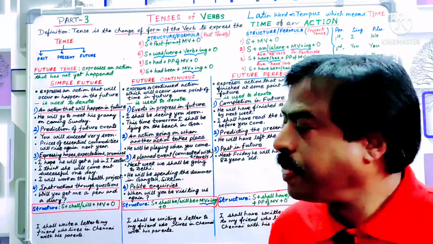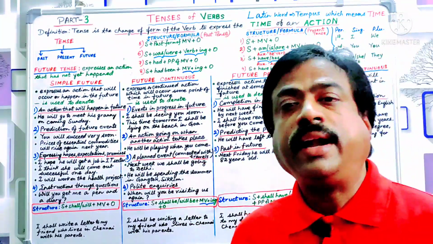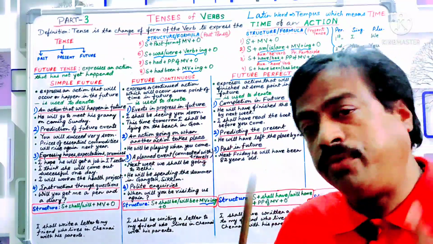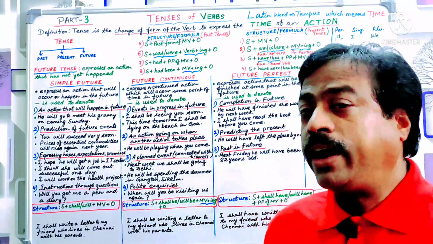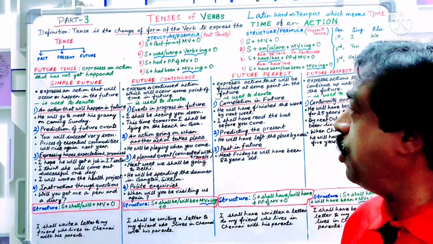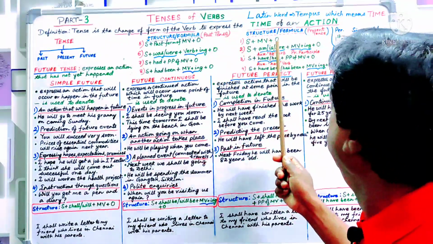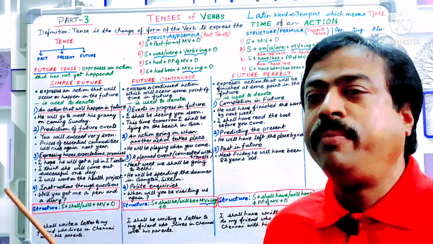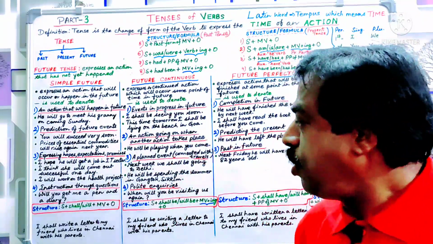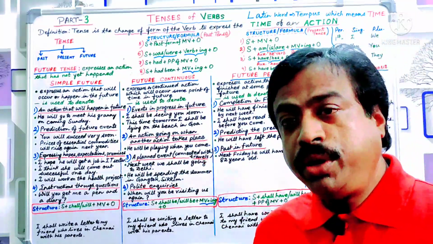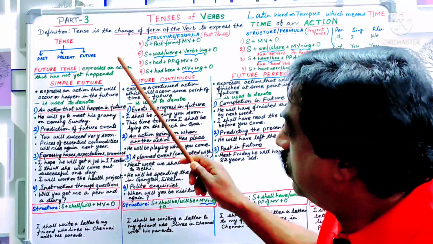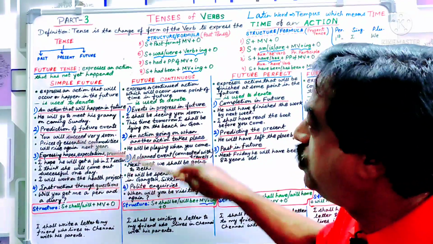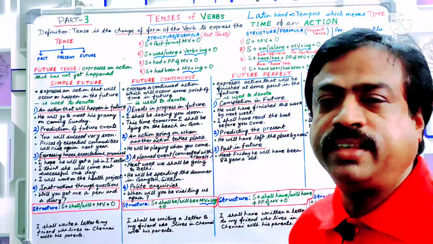I hope you remembered that I had used the verb write right at the very beginning and had already made 8 sentences with regard to present tense and past tense. Now I am going to show you how this verb write can be used in simple future tense.